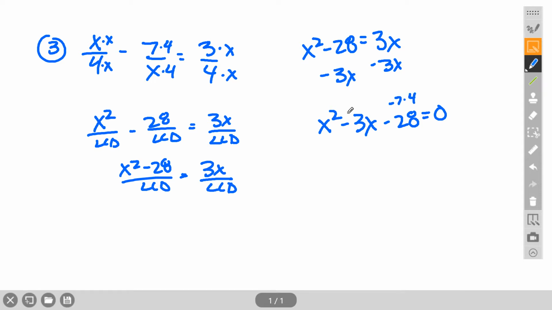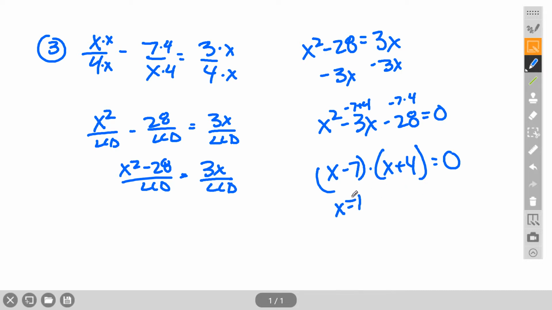That's negative 7 and 4. So we have x minus 7 and x plus 4, and their product is 0. All right, so for this factor, 7 would make that factor equal to 0, and for this one it would be negative 4.